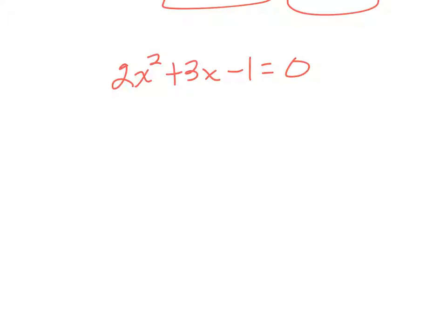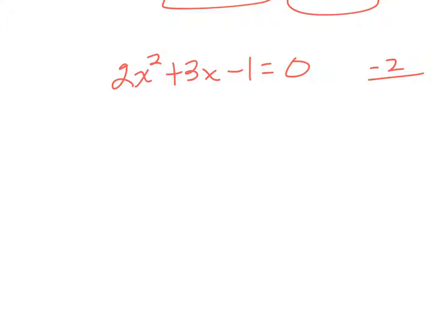So if you had this problem on your final, here's the way you would think. First of all, you'd say, is this quadratic or linear? Well, it's quadratic. So we get a 0, and on this problem that's done. Then you'd say, okay, I'm either going to factor or use the quadratic formula. If you tried to factor it, you would be doing the AC method. 2 times negative 1 is negative 2.